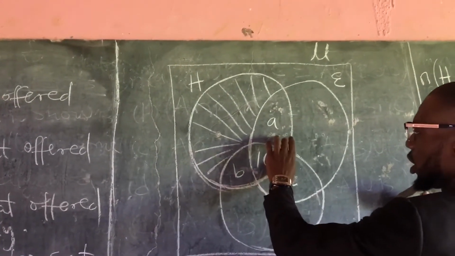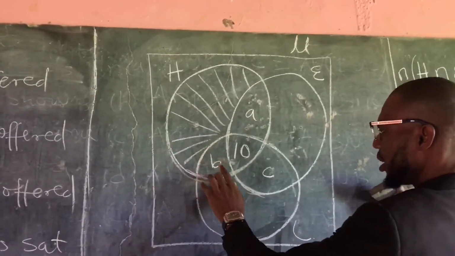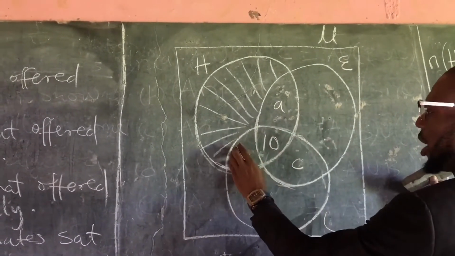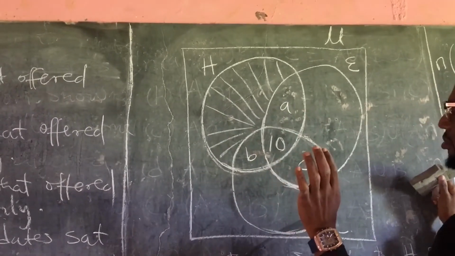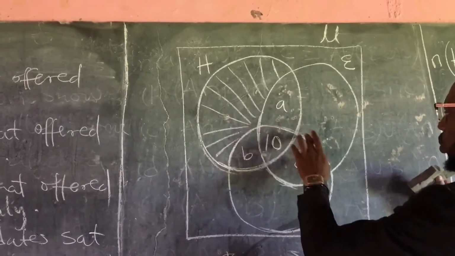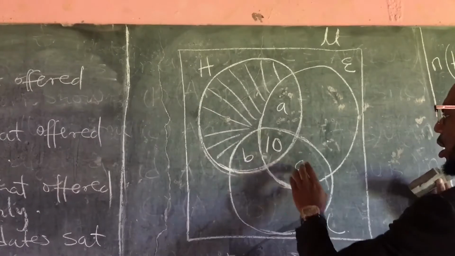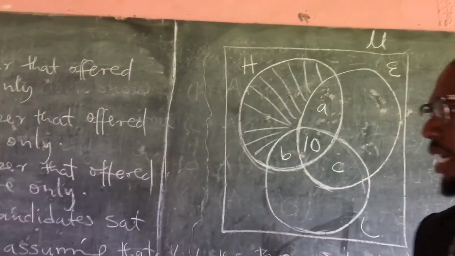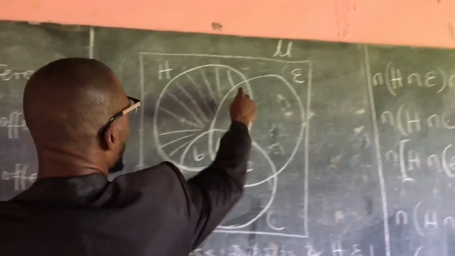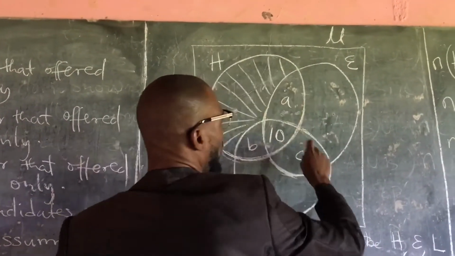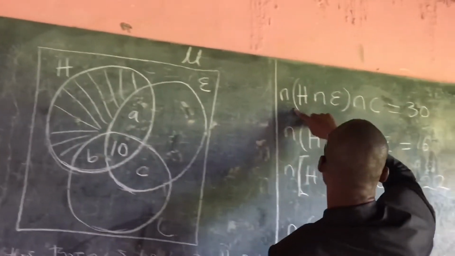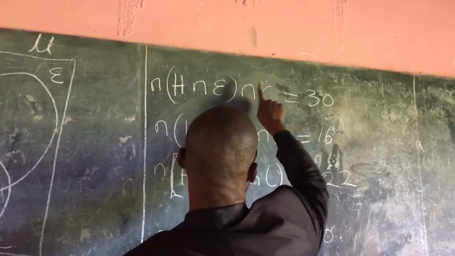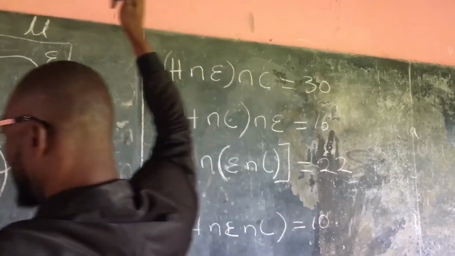The same thing with this B. If you carry this whole pie and cut this one out, it will remain B. This one too: if you carry all this whole pie and cut this one out, what remains is C. So what is this whole pie? This whole pie we have defined here as H intersect E intersect C equal to 30.